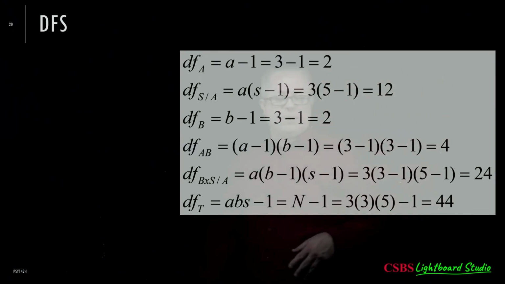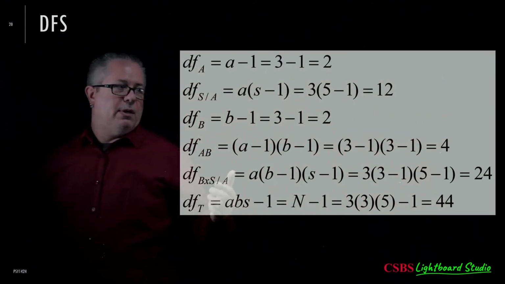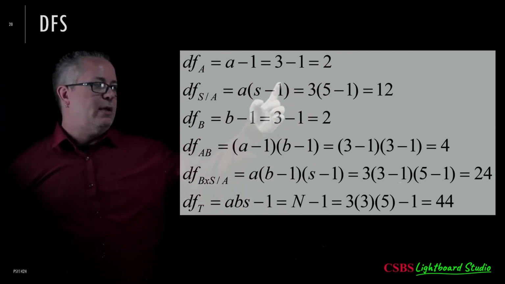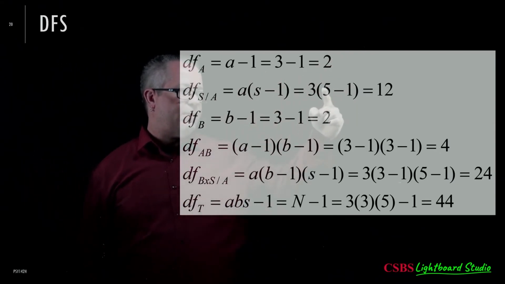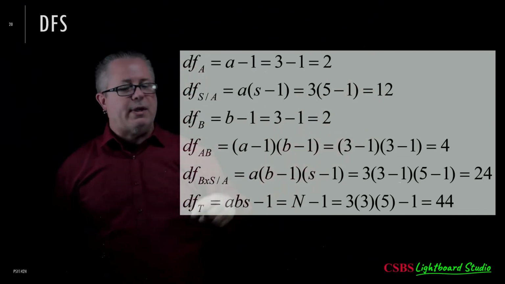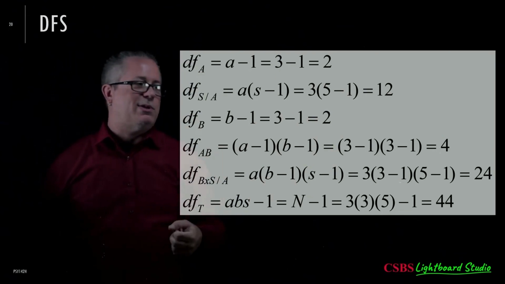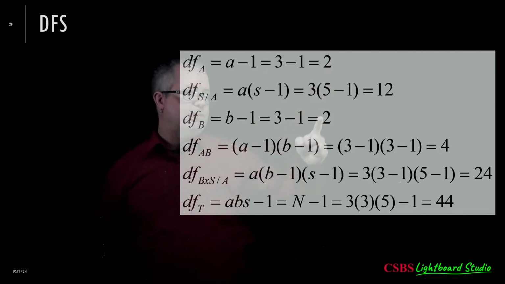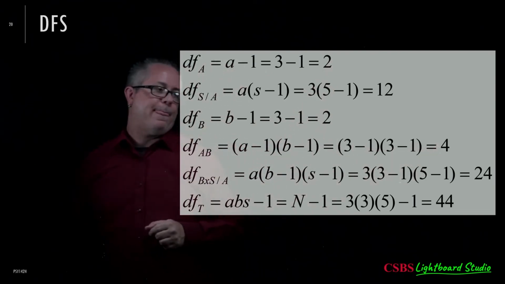And we had talked about our degrees of freedom already, but A has 3 levels, so it has 2 degrees of freedom. We multiply 3 levels of A times the S minus 1, the 5 minus 1, you get 12. B also has 3 levels, minus 1 is 2. Interaction, just multiplying 2 times 2 gives you 4.